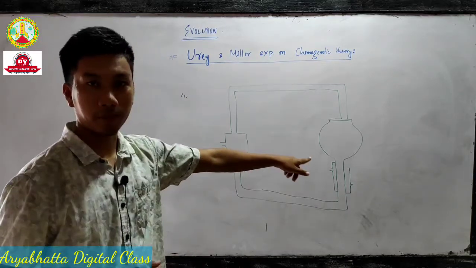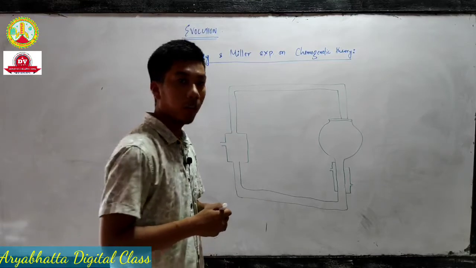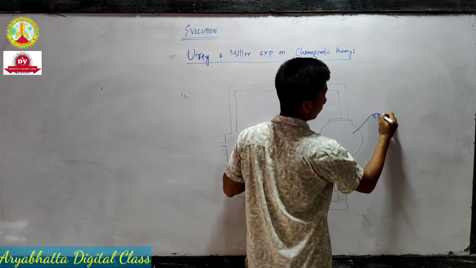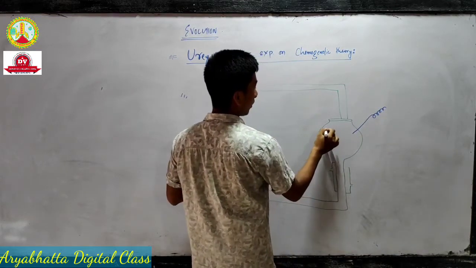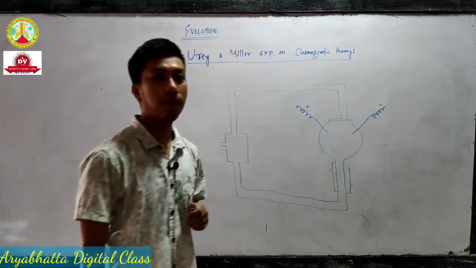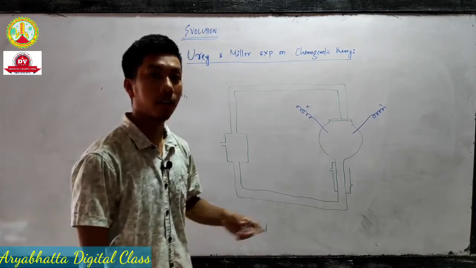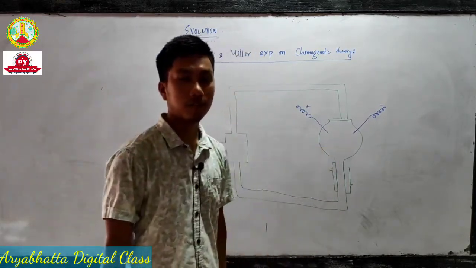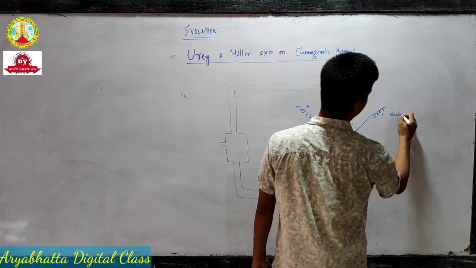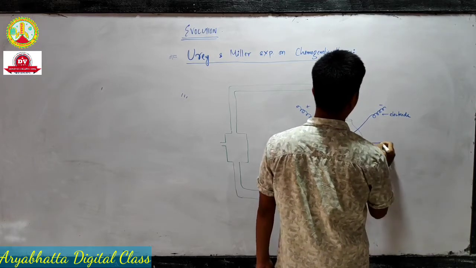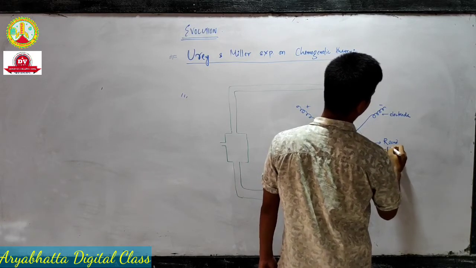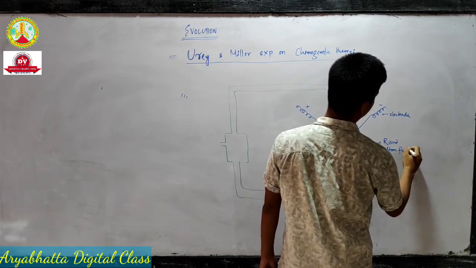So we're going to name the experimental setup. This round bottom flask is connected with an electrode, a positive charge and a negative charge electrode, that passes electric current inside the flask. So the electrodes have been placed, and this structure we call a round bottom flask.